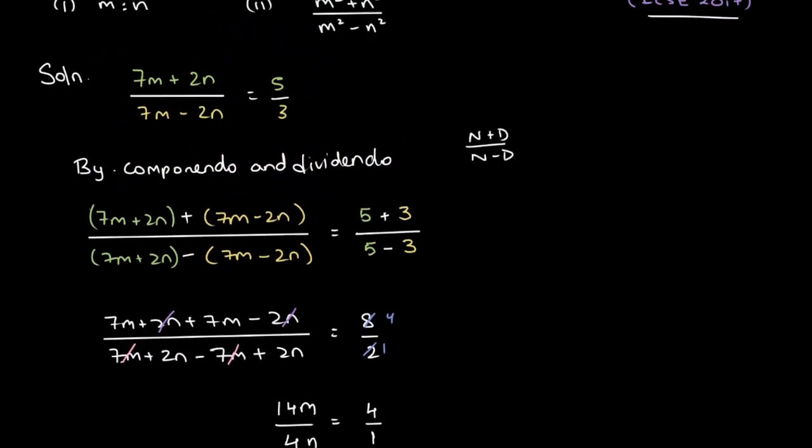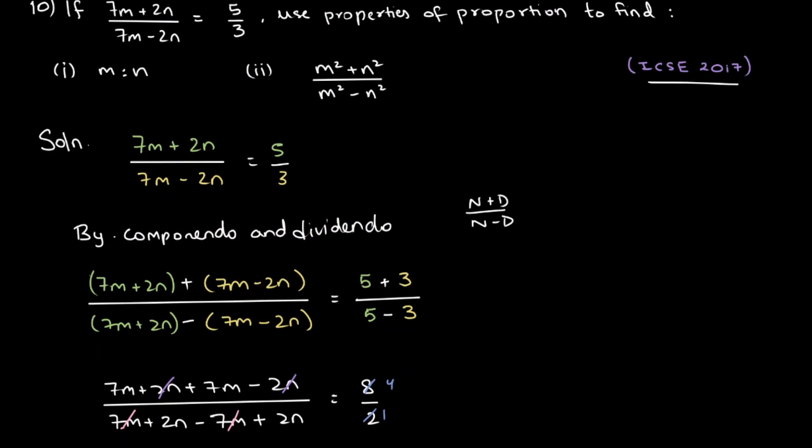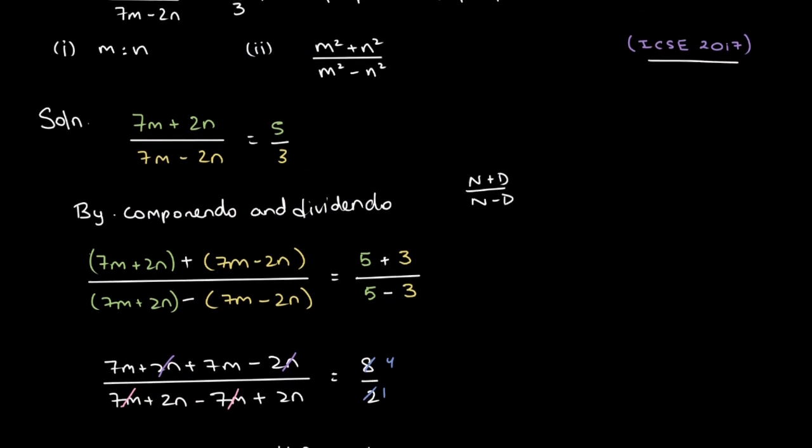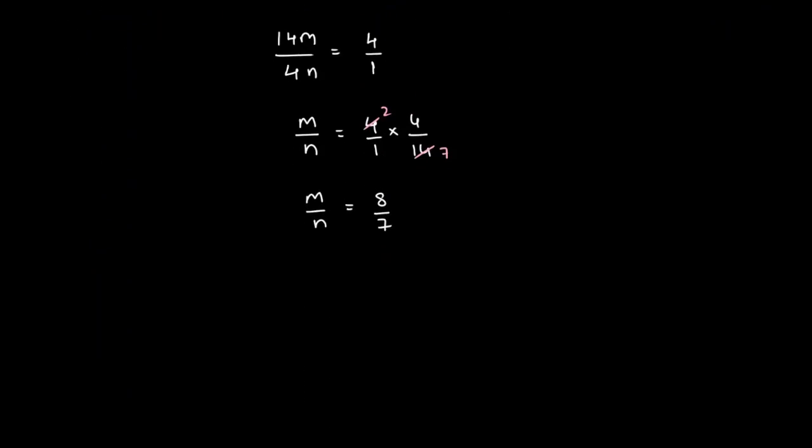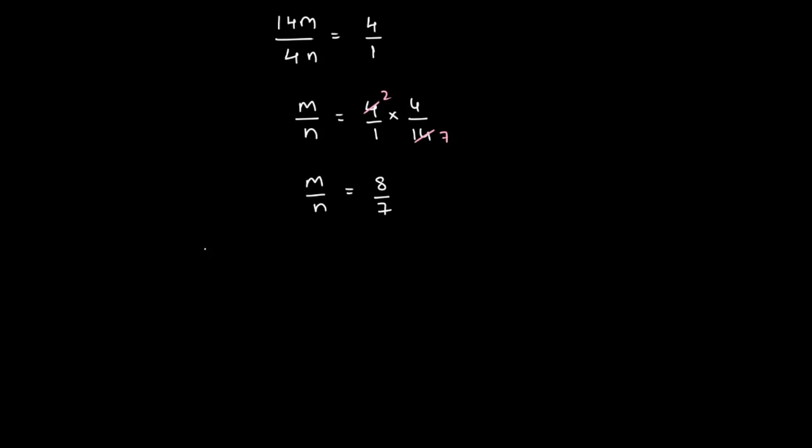The second thing we want to find is m² + n² divided by m² − n². We have m upon n, so let's square both sides, right? Squaring both sides, I get m² upon n² is equal to 64 upon 49, right?